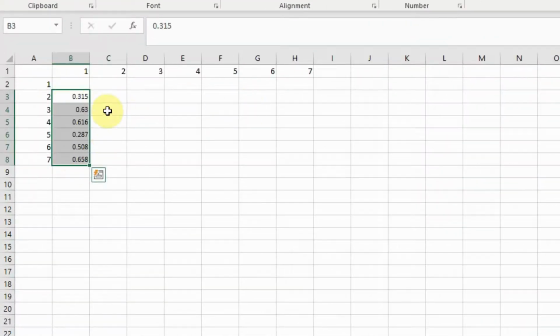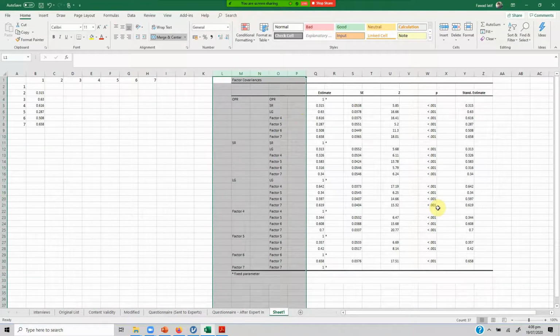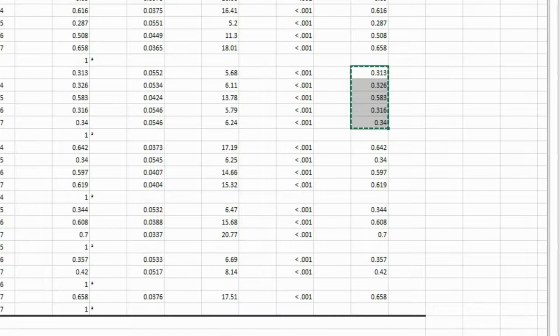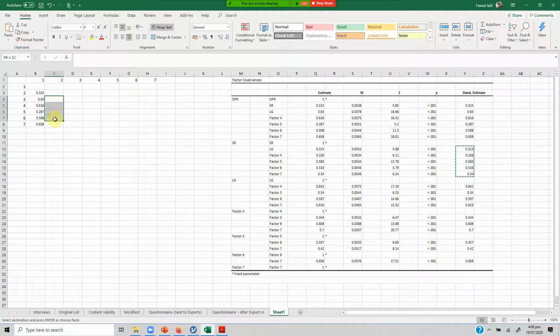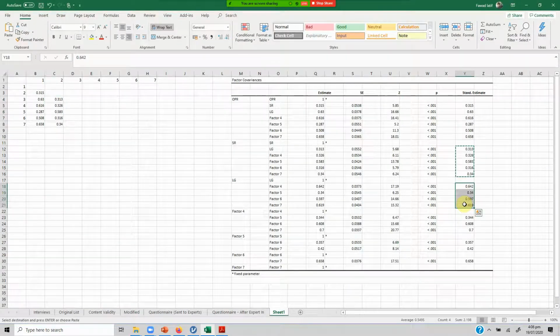So this is how you keep on putting these things and build your own correlation matrix. This is factor 2 with all the others. And this is the third one, so just copy it because we are going to use it for discriminant validity. So let's use it and put it in here.